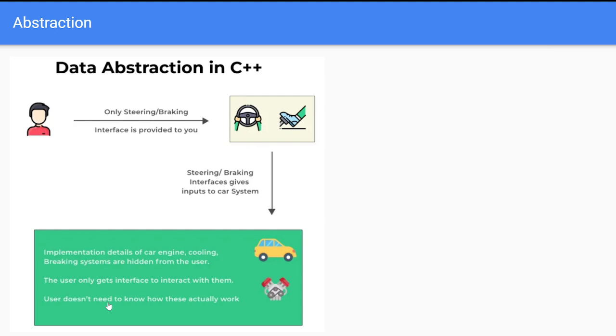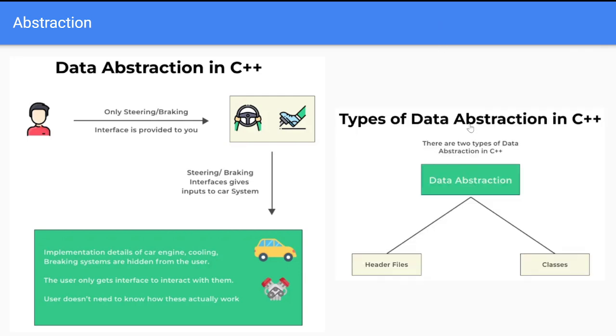The user doesn't need to know how these actually work, and that's the meaning of abstraction. In programming terms, data abstraction in object-oriented programming like C++ has some examples: the use of header files and the use of classes are the two types of data abstraction in C++.